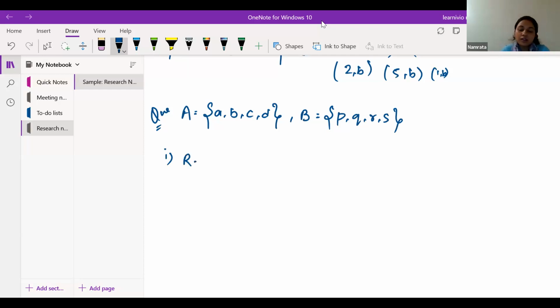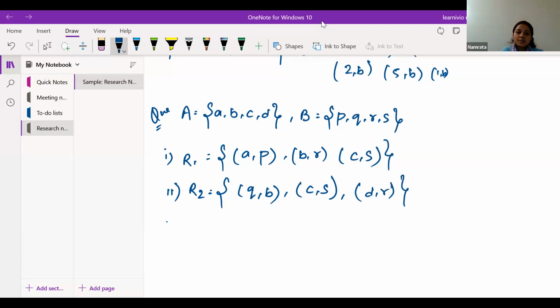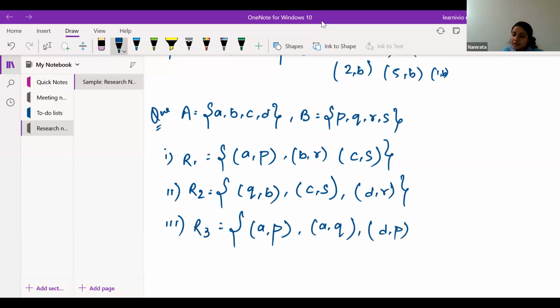The relation 1, that is A, P, B, R, C, S. Another one is relation 2 is Q, B, C, S, D, R. And the next one is relation 3 is A, P, A, Q, D, P, C, R, and B, R.